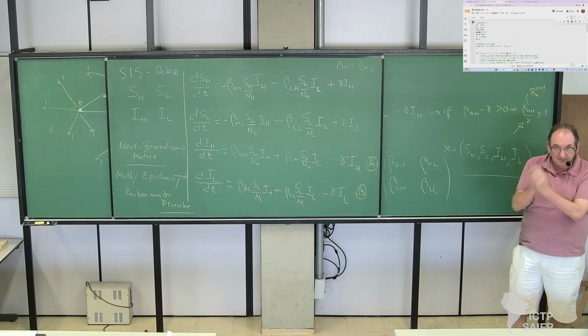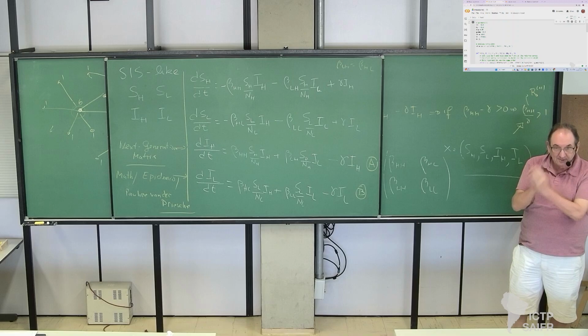This is the case when we made the numerical calculation. In this case, you can define separate R0s for the high risk group and the low risk group. And obviously, if both of them are smaller than 1, then you won't have any invasion.